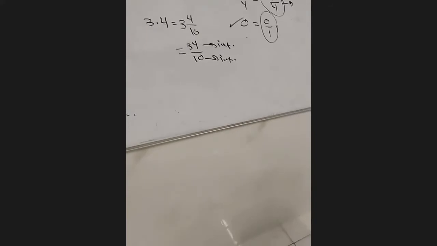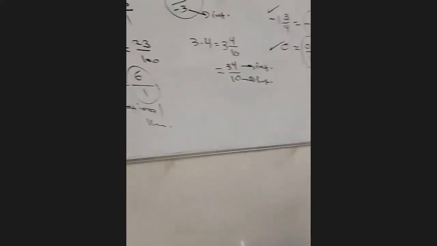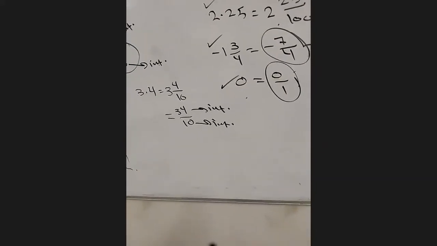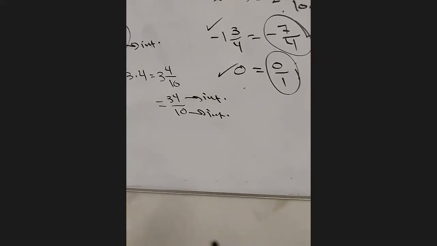Let's go to example 1, guys. I will go down to the check. Let's do example 1: how to graph the set of rational numbers on a number line.